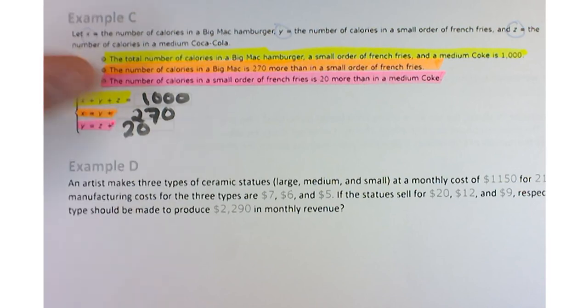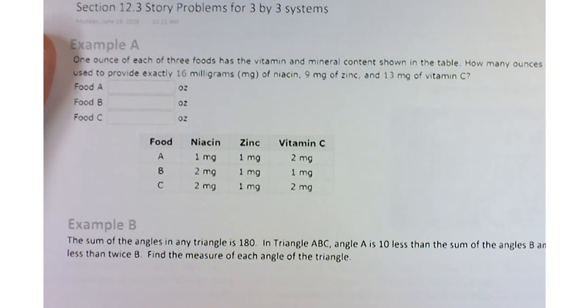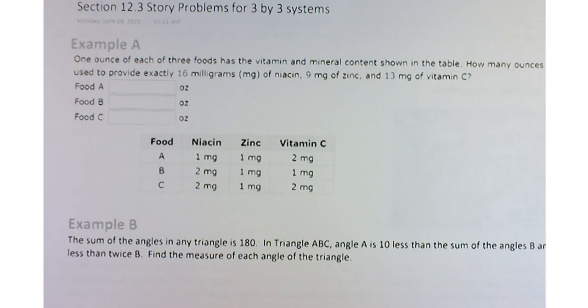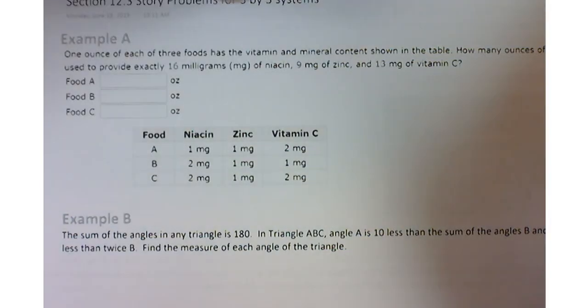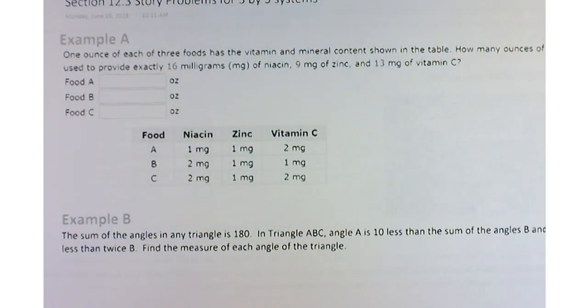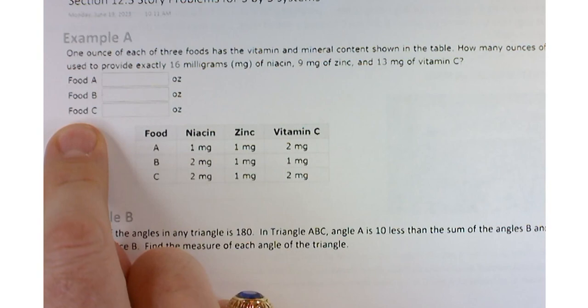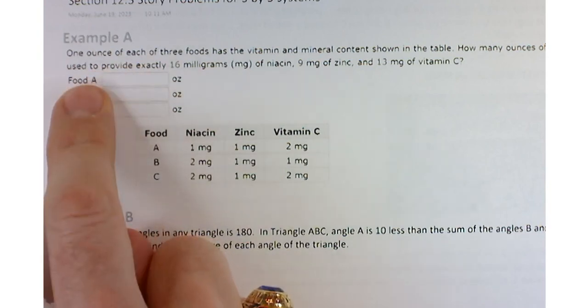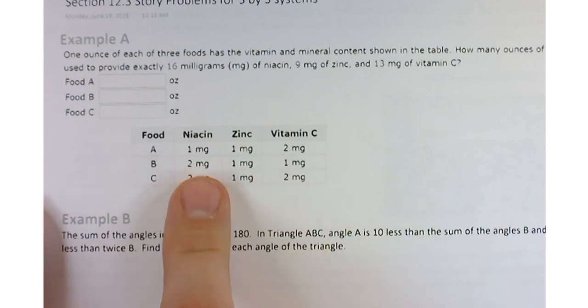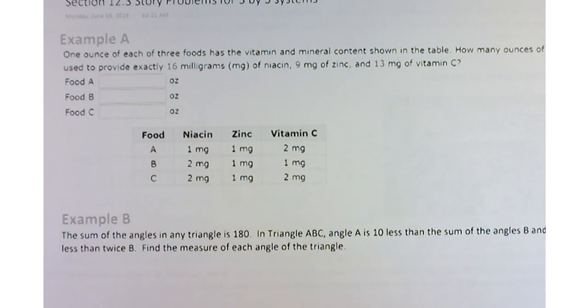I really hate the lack of imagination in food A and food B and food C. I stole this off of your WebAssign homework, so shame on me maybe, but in any case, what I'd like you to do is rewrite this so that you add some actual foods here. And instead of using 1 ounce, maybe you do 1 serving size. That's fine. And you can pick different minerals or vitamins, but rewrite this so that it's a little more interesting. Let's go with what we're stuck with here.